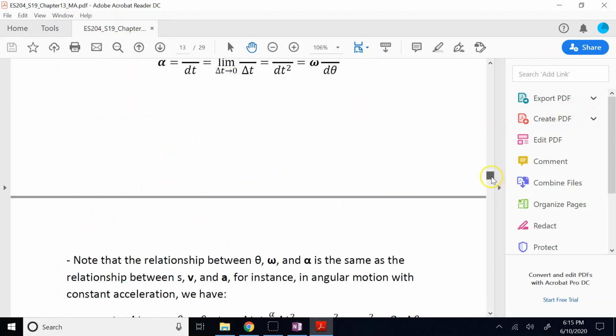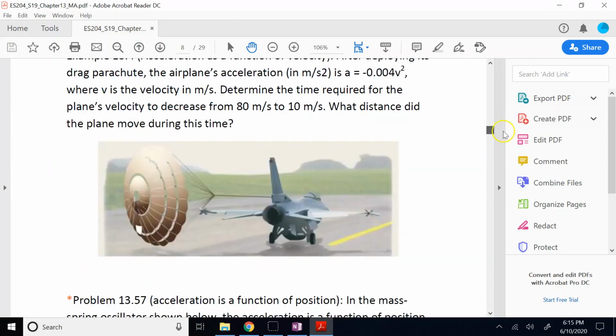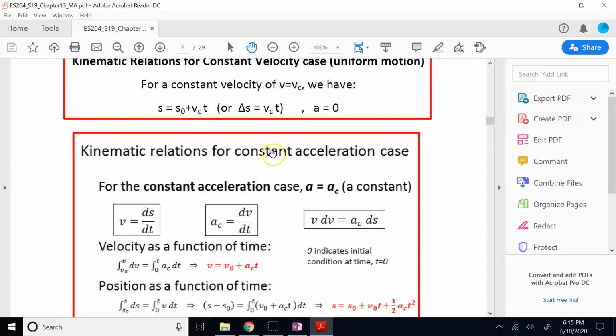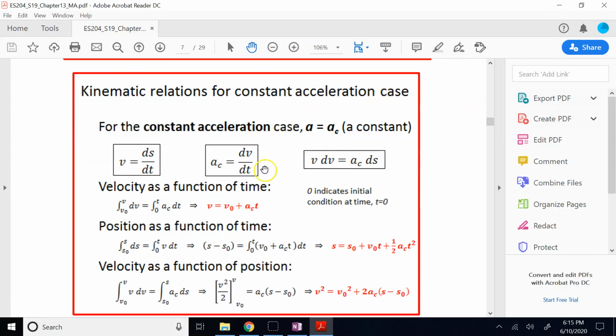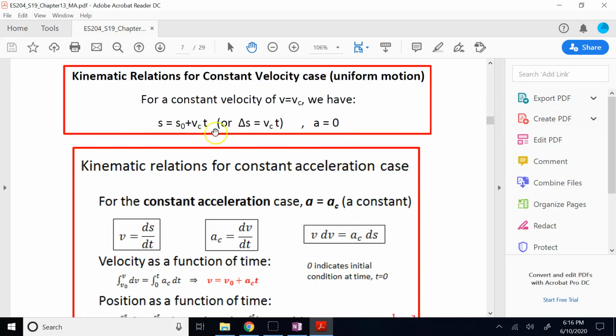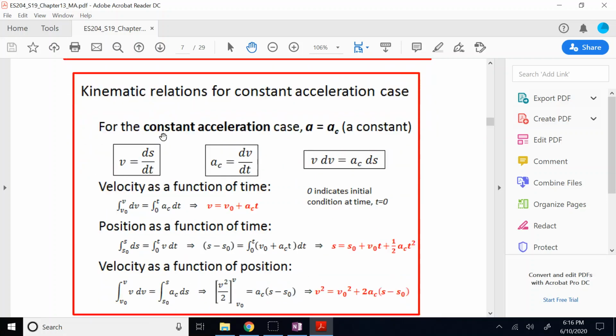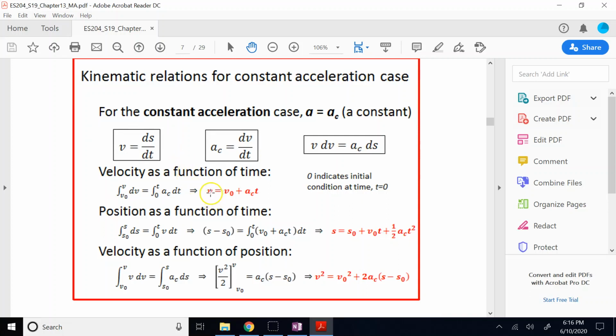So the formulas that I could derive for constant velocity or uniform motion and constant acceleration motion, these formulas in red and this one, I can rewrite them the same way, but I replace linear position s with angular position theta, linear velocity v with angular velocity omega, and linear acceleration a with angular acceleration alpha.